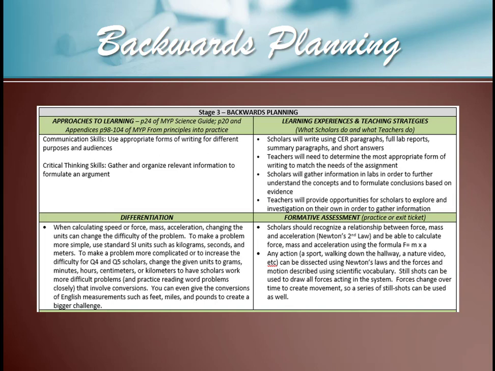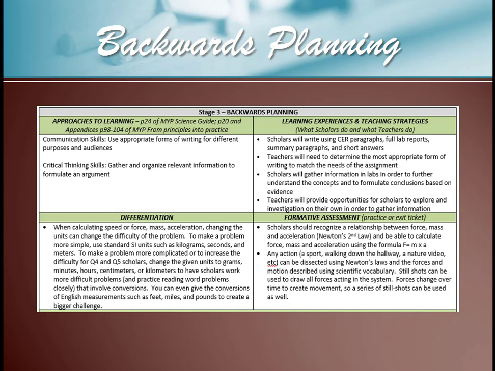Some obvious differentiation you can do in the physics unit has to do with the calculation of the physics problems. You can create problems that are more difficult or less difficult based on the units you select or the use of decimals. Keep in mind that this year scholars should be able to use a calculator on their science STAR test, so you should start practicing using a calculator in class as well.